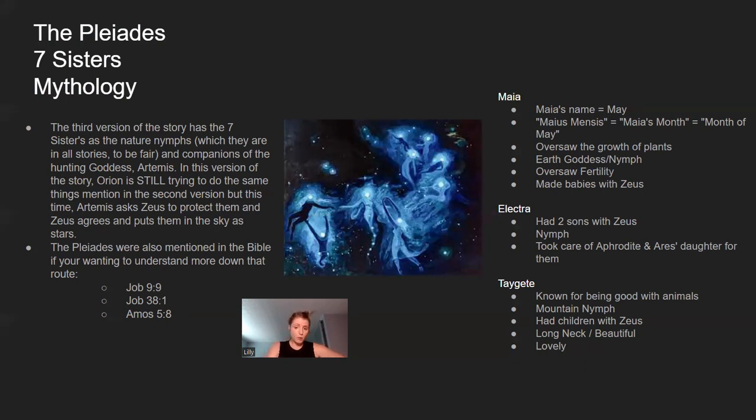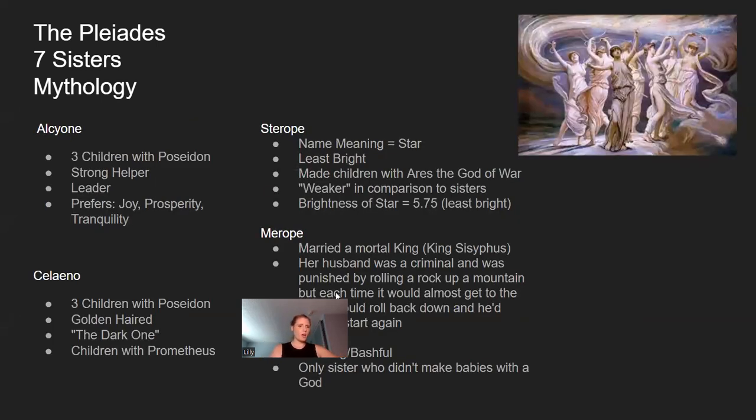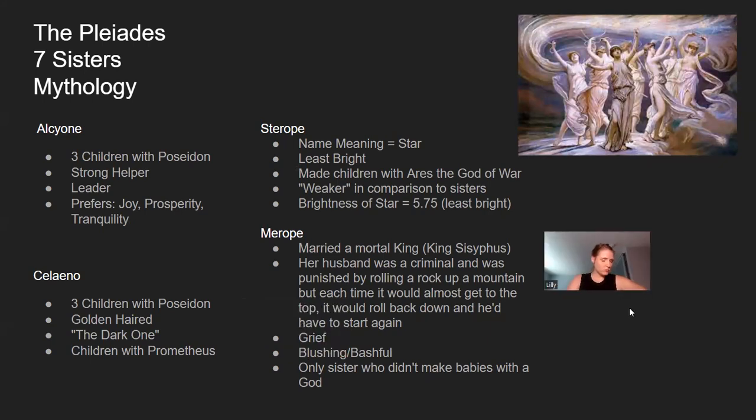Known for being good with animals, a mountain nymph, also had children with Zeus. Very long neck, very beautiful, very lovely nymph. Alcyone, three children with Poseidon, Zeus's brother, very strong helper, leader, prefers joy, prosperity, and tranquility.